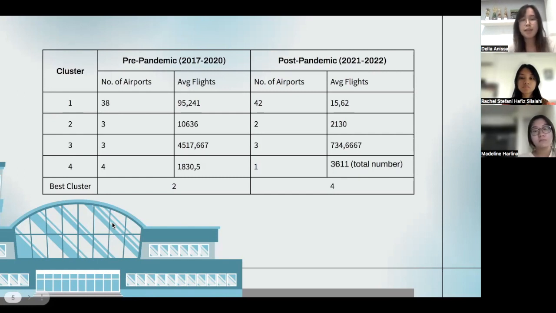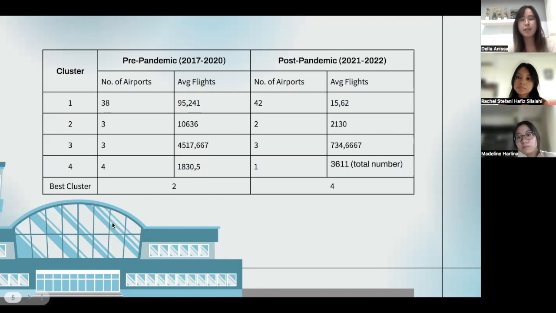One interesting finding using the K-means method is that before the pandemic, the best cluster is 2 with the most frequent flights to Juanda Airport, located in Surabaya. Juanda Airport experienced an increase in passengers, especially in 2017 and 2018. This is due to the fact that East Java is one of the most popular destinations for travelers, and Surabaya is also the 2nd largest city in Indonesia and a center for business.